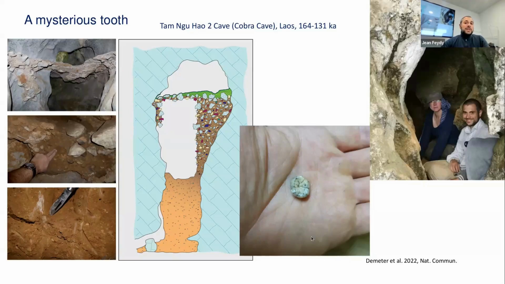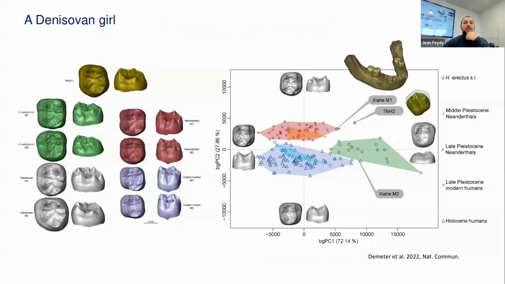And we analyzed it. We first dated both the sediment and the animal teeth, and the chronology is roughly between 160 and 130,000 years old. But we had a question: to which species does it belong? We didn't know.